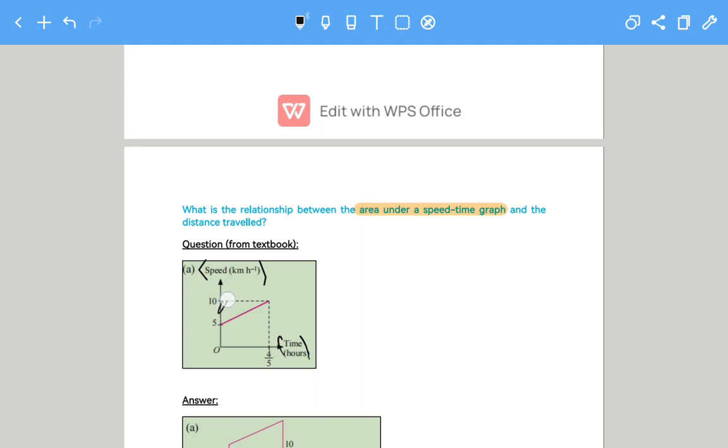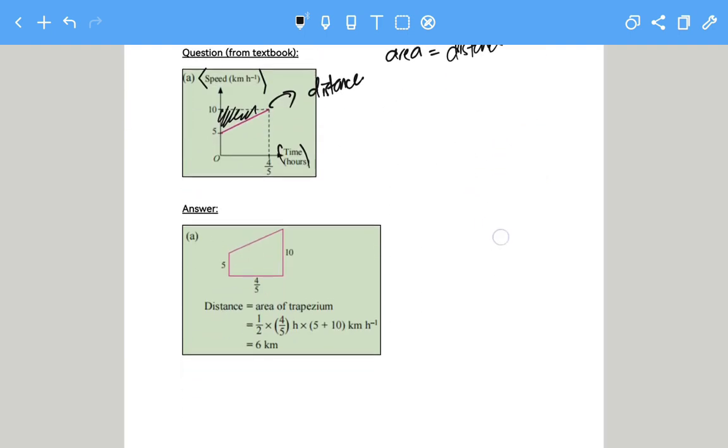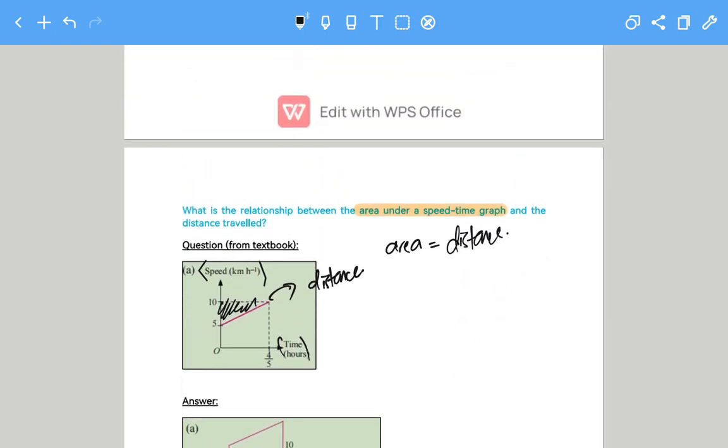If we find the area in the speed time graph, this area represents the distance. So just remember that if we find area, it equals distance.